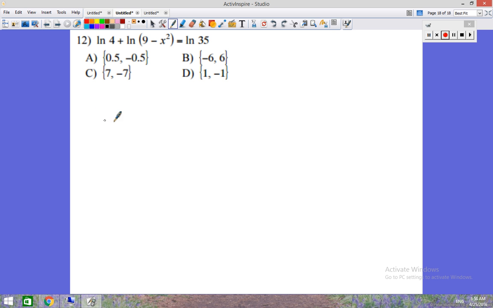So we can write this left hand side as a single logarithm if we take the product of these arguments, 4 times the quantity 9 minus x squared. Well, 4 times 9 is 36, and 4 times this x squared is just 4x squared.